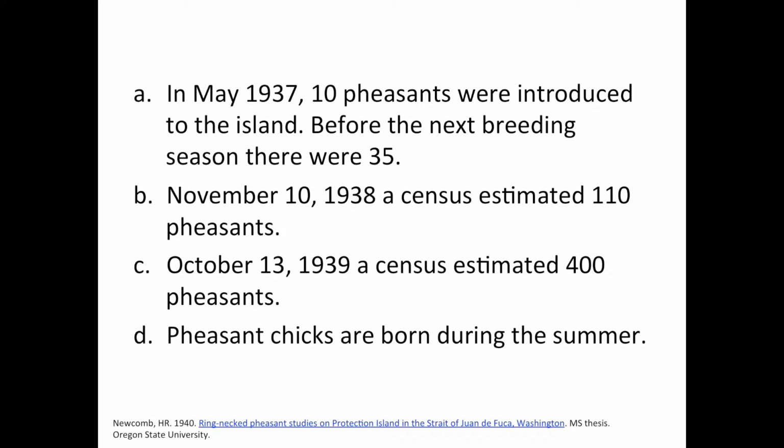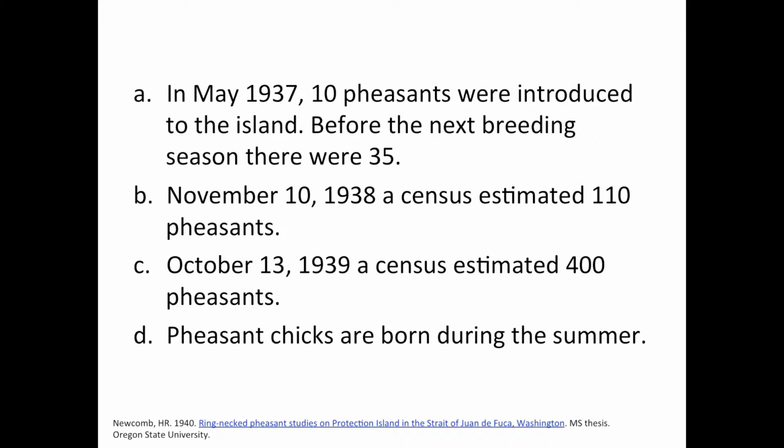So we just assume that the census for October-November 1937 is 35. And we assume also that there was no change in the number of pheasants between November-October 1936 and the time at which the pheasants were introduced, so May 1937.